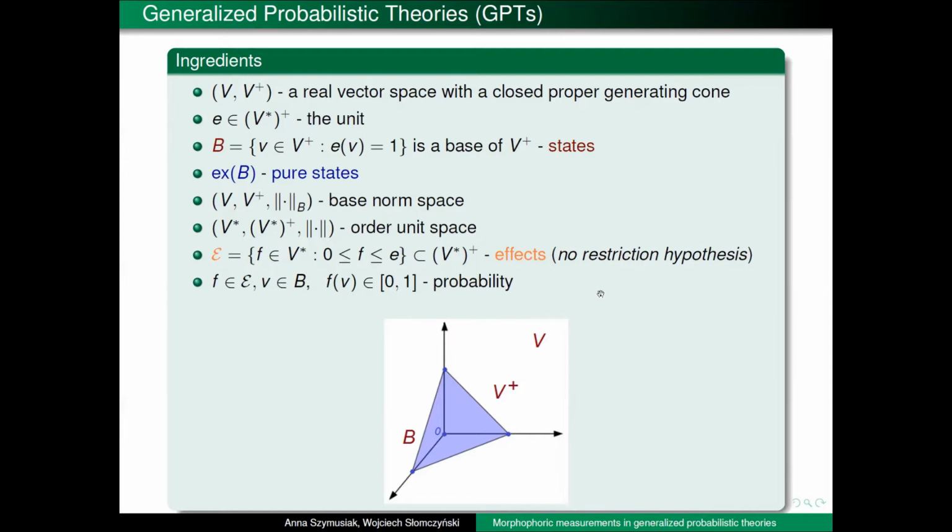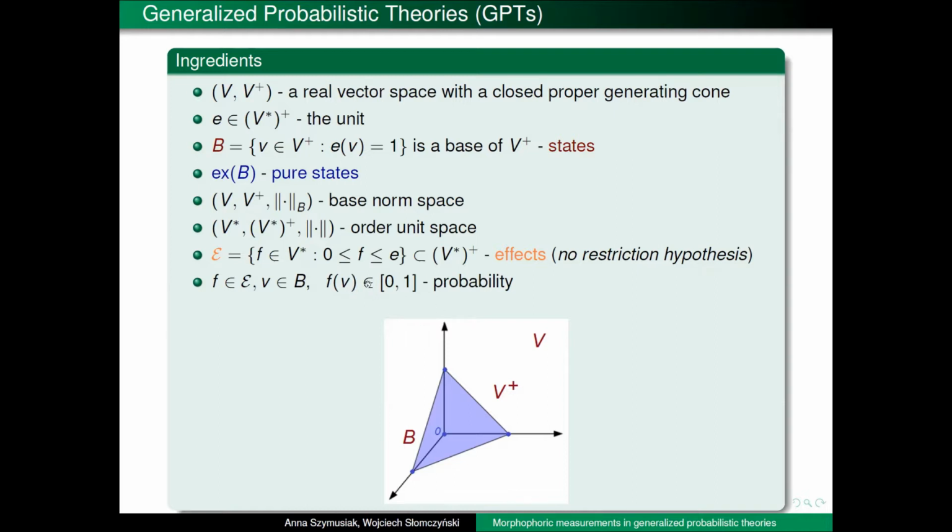We then assume the no restriction hypothesis, so all these simple observables or tests can be realized physically. And an effect on a state is just the probability that this effect holds.